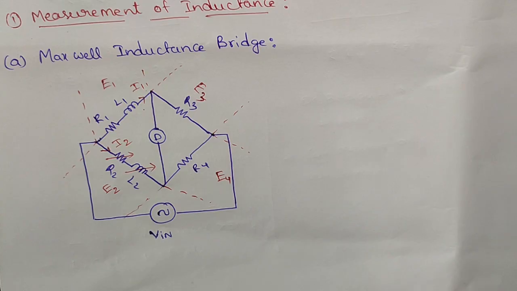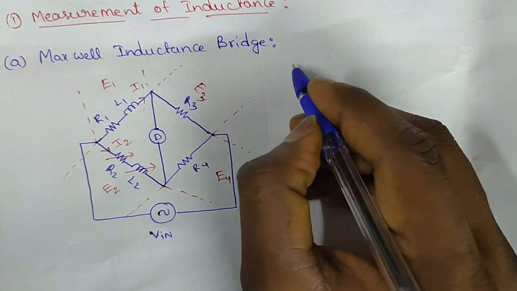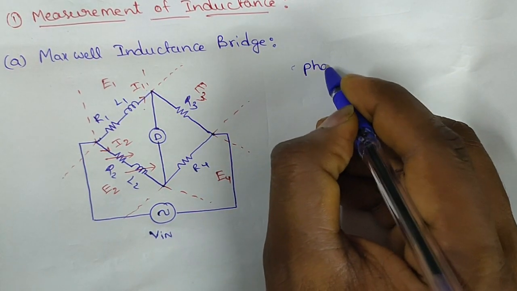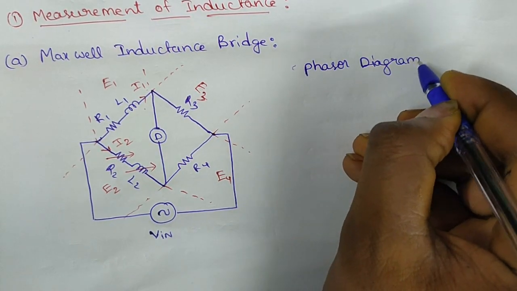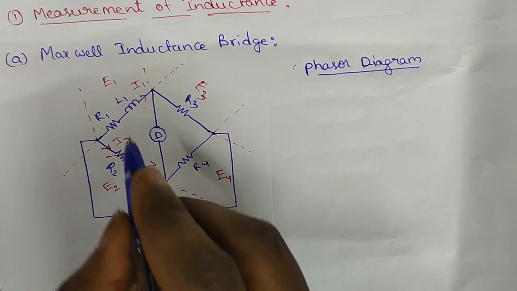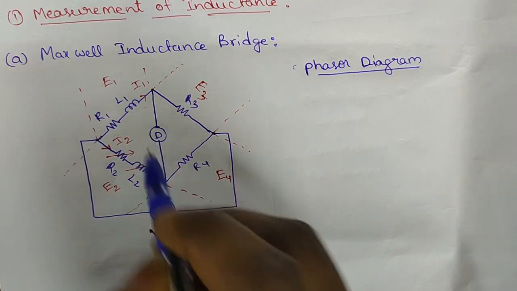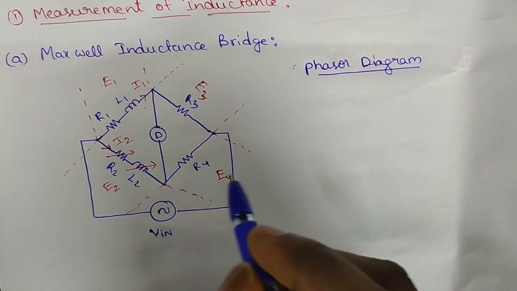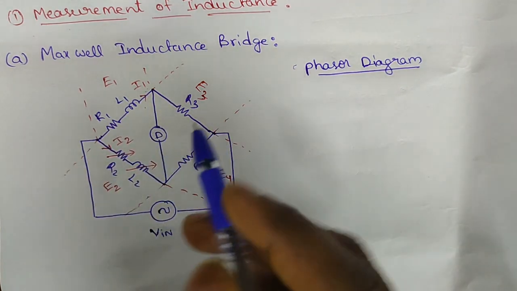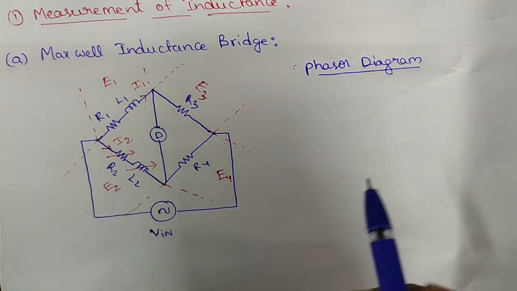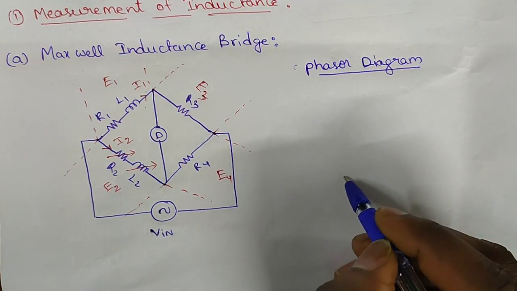Next step is the phasor diagram. In this we will be assuming I1 as a reference. As we can see, both branches are identical, so I1 and I2 will be in the same phase.